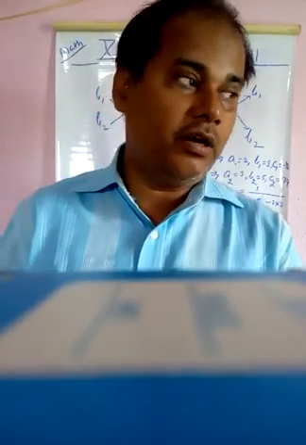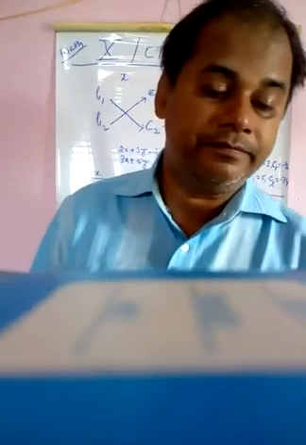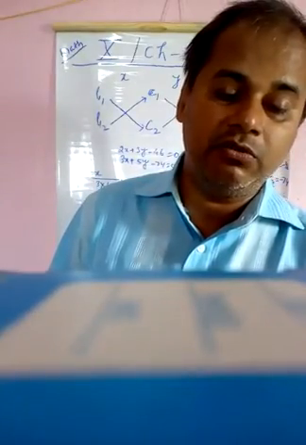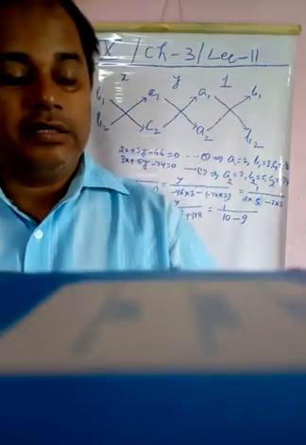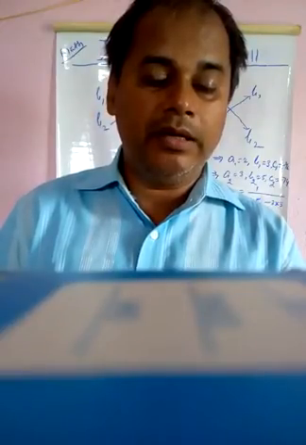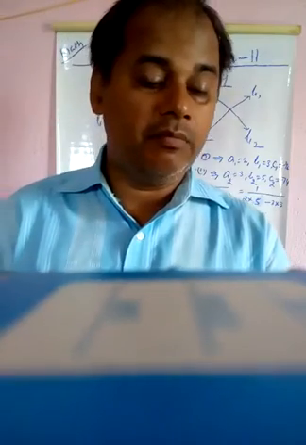Then t2 is equal to 44 by x plus y. The total time taken, t1 plus t2, is 10 hours. Therefore, we get the equation 30 by x minus y plus 44 by x plus y is equal to 10, and say this is equation number 1.